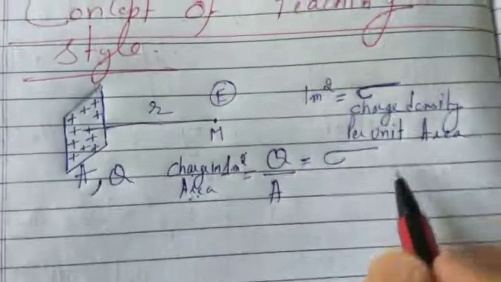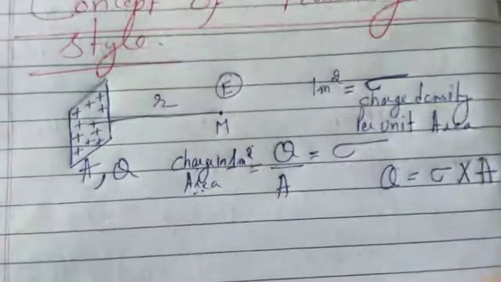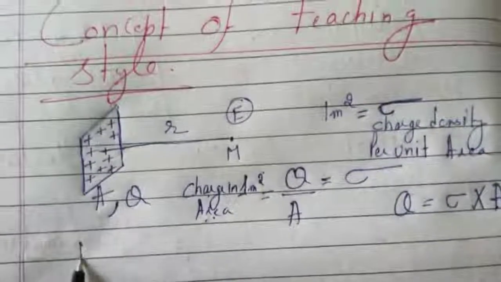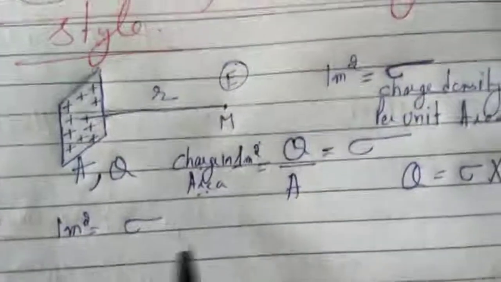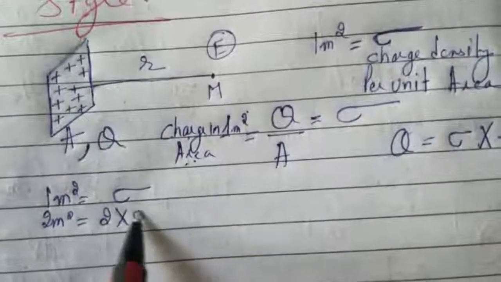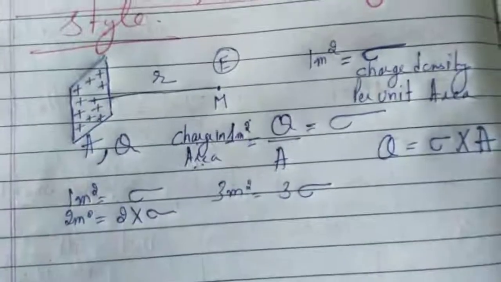So Q is equal to sigma into A. This is the concept. For 1 meter square area you get sigma charge, for 2 meter square area you get 2 sigma charge, for 3 meter square area you get 3 sigma charge, like this.